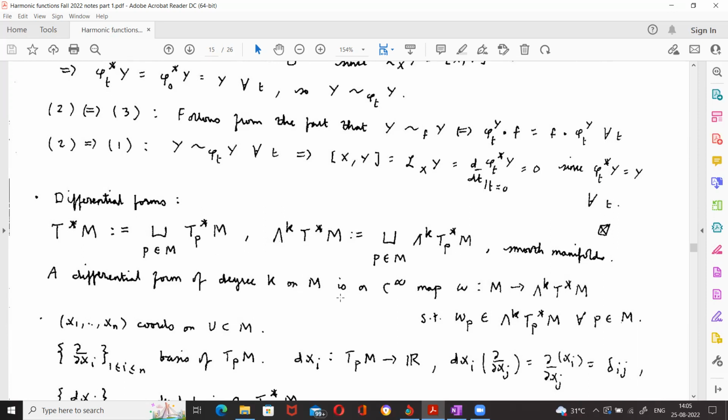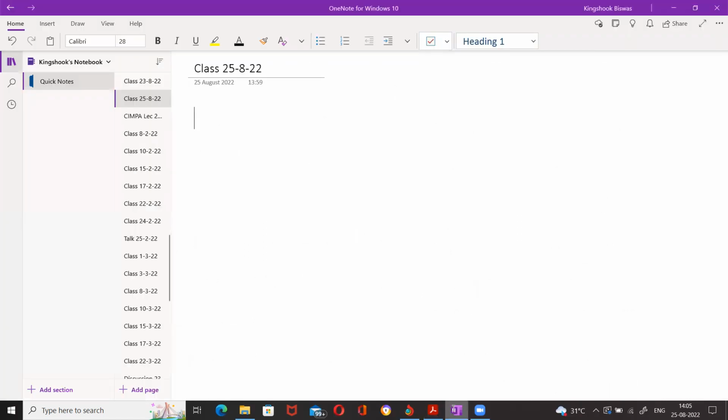So these are called bundles. So maybe I should just make a remark that the cotangent bundle, tangent bundle, and kth wedge of the cotangent bundle are all examples of what are called vector bundles over M. So are you all familiar with the definition of a vector bundle?